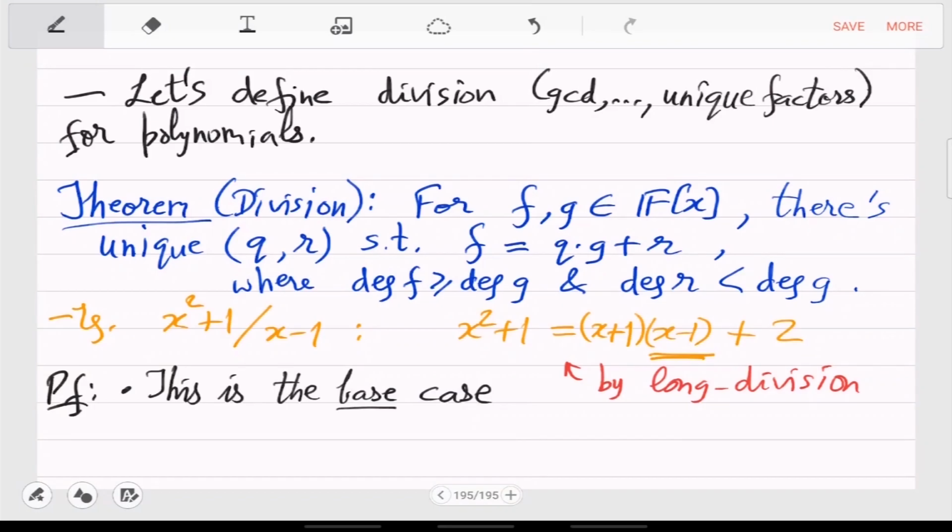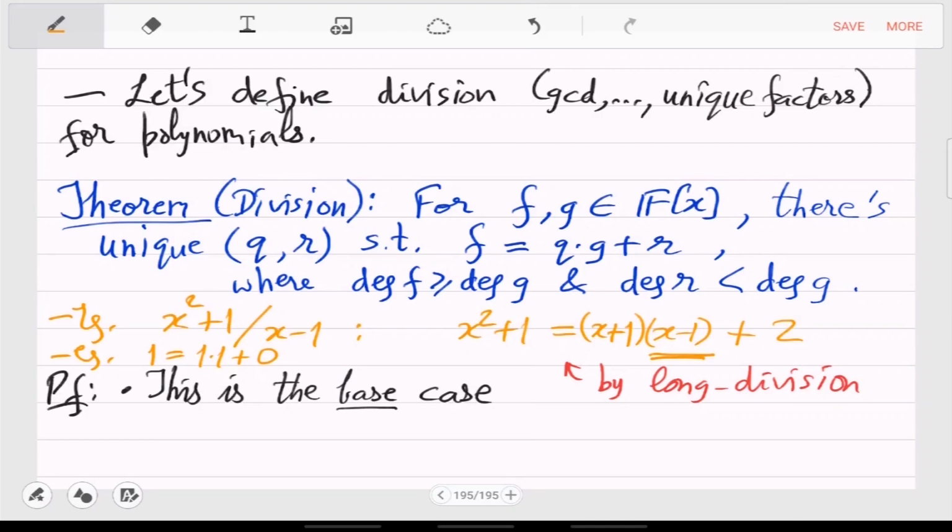I mean, or you can take an even smaller base case. You can just take f to be constant, g to be constant. Then what will happen if f is 1, g is 1, then what happens? That's the smallest base case, right? So 1 is equal to 1 times 1 plus 0. Then r will be 0, so degree will be minus infinity.